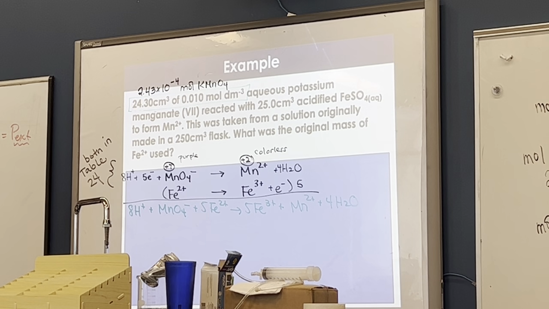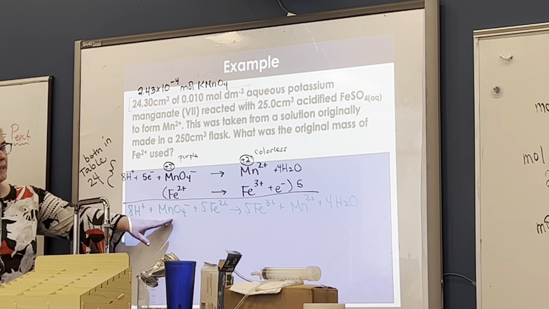Give me a second. I'm going to take 24.30, pardon me, I'm going to divide by 1,000, I'll multiply by 0.01. Oh yeah, that's right. And now we know how many moles of permanganate we have.